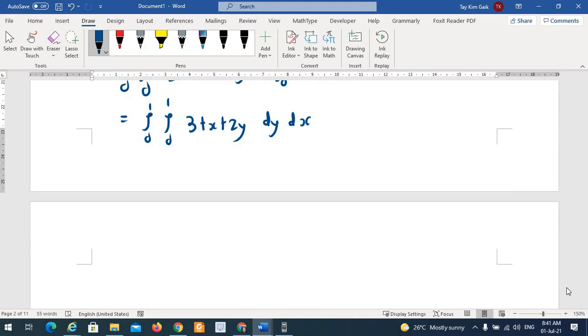Okay, now integrate with respect to y. When integrating with respect to y, 3 plus x is constant. So you have the constant 3 plus x times y, plus y squared, then integrate from 0 to 1 dx.